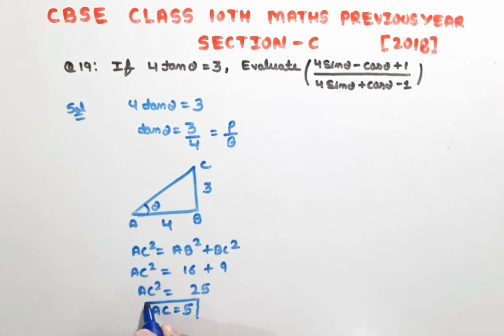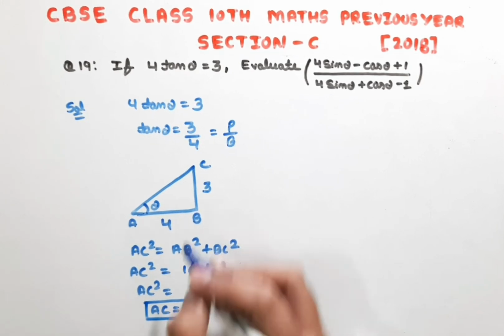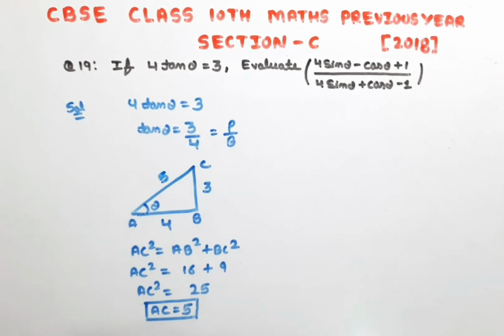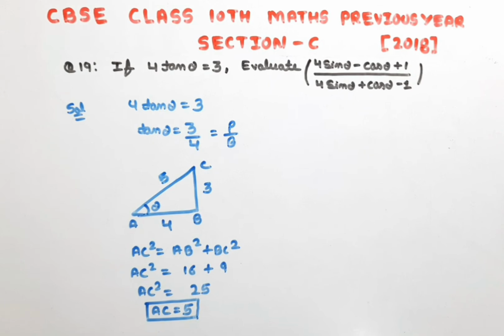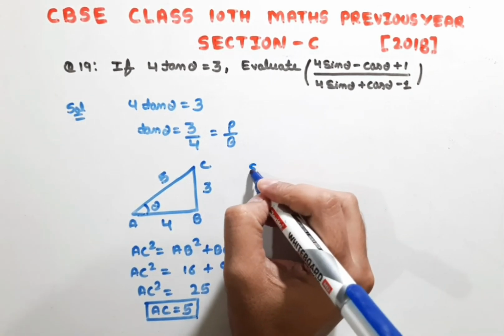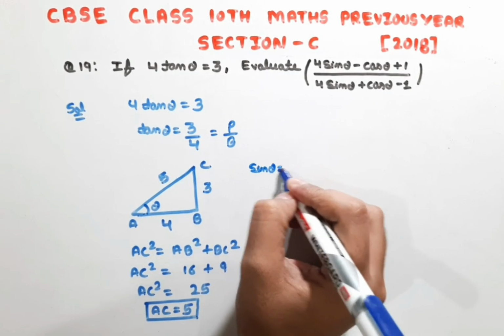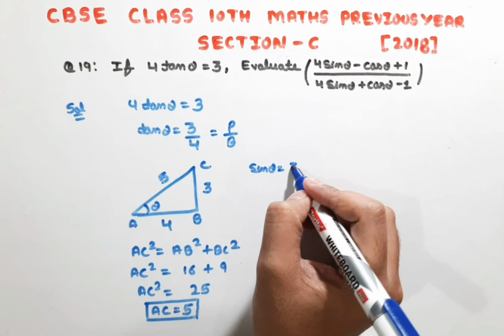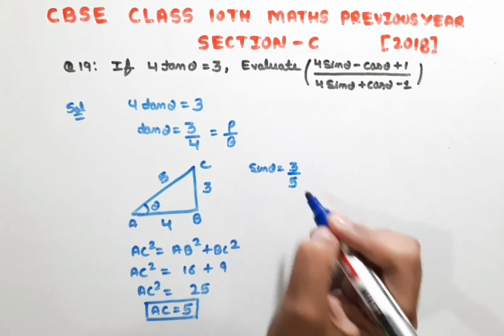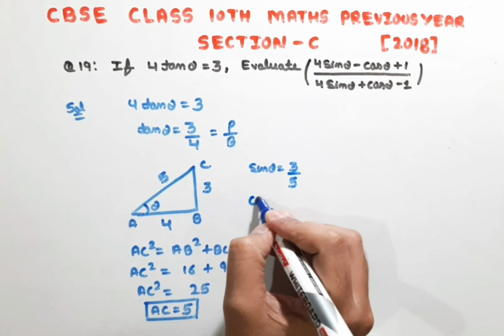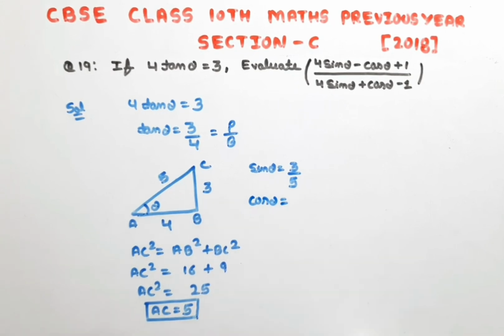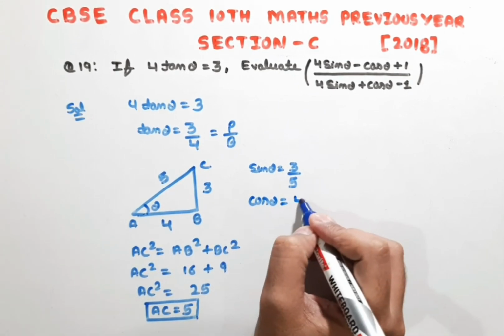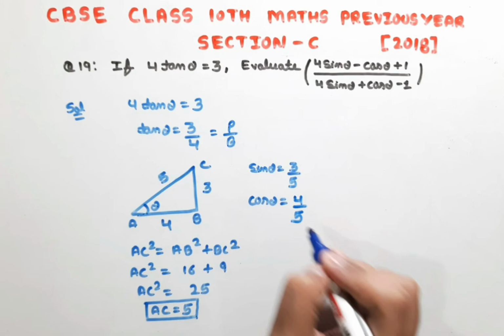This is our hypotenuse. Now sin theta will be equal to perpendicular upon hypotenuse, that is 3 upon 5, and cos theta will be equal to base upon hypotenuse, that is 4 upon 5.